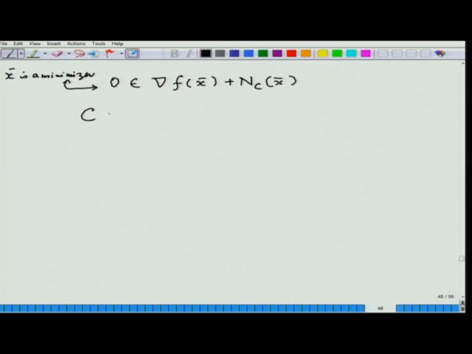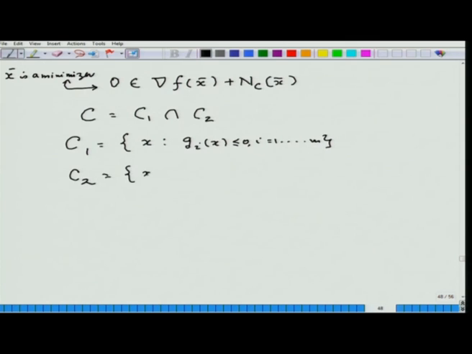Let me write C as C1 intersection C2, where both of them are convex sets, where C1 only deals with the inequality constraint, and C2 deals with the equality constraint or affine constraint.